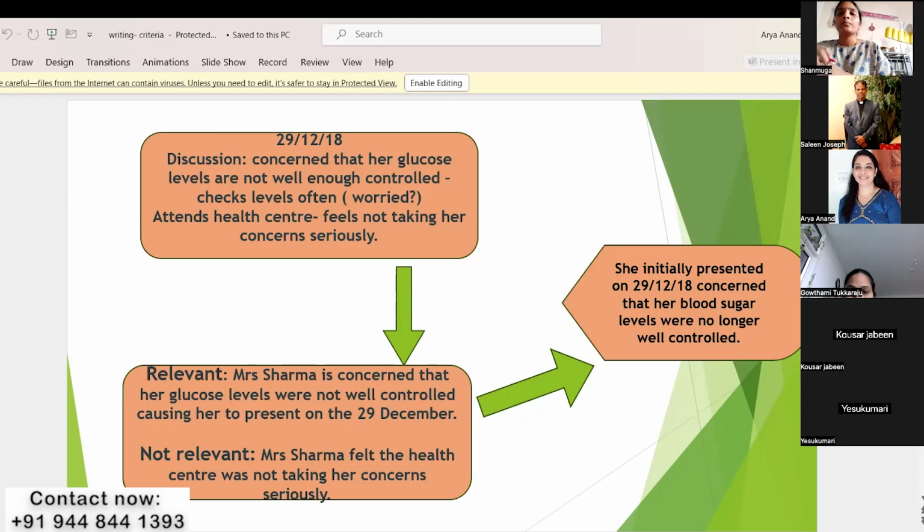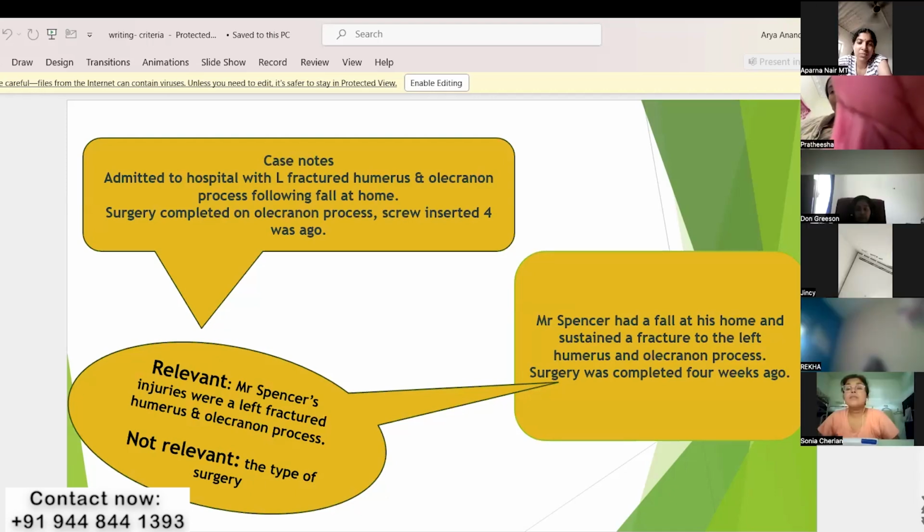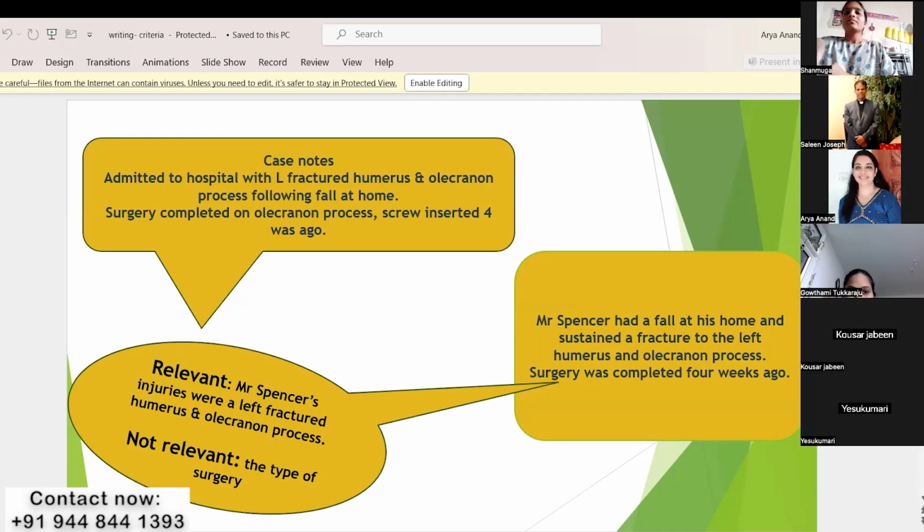And moving on to another example, it is from the Spencer case note. You can see here: admitted to hospital with left fractured humerus and olecranon process following fall at home. Surgery completed on olecranon process, a screw inserted 4 weeks ago.